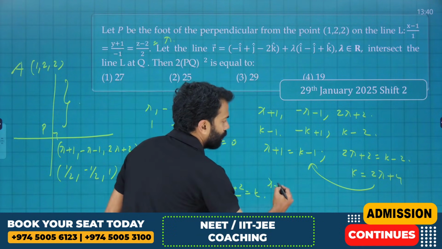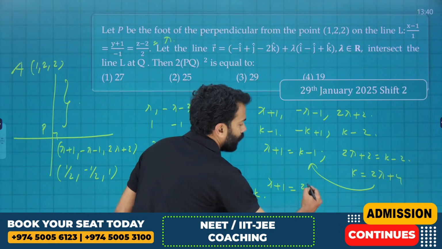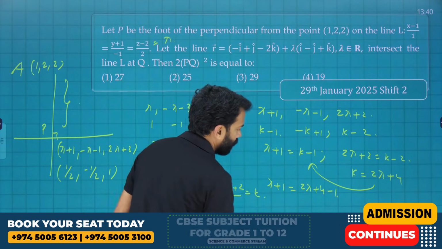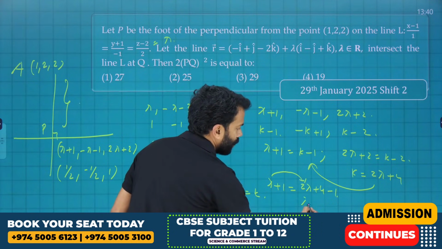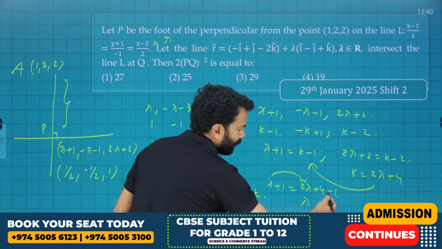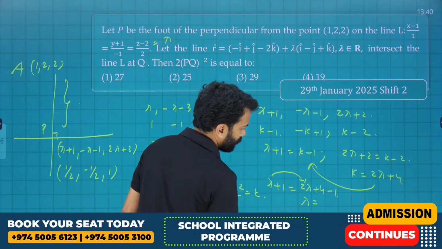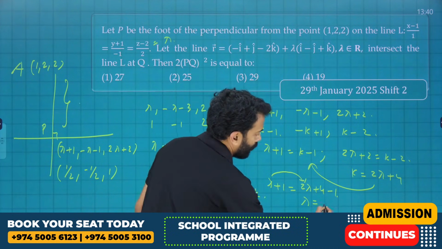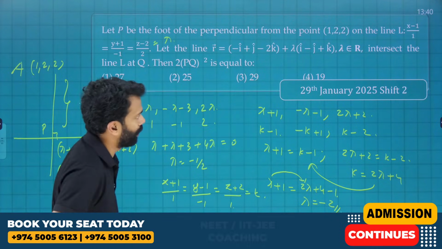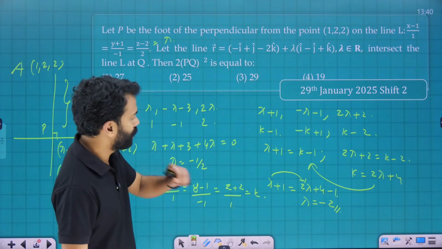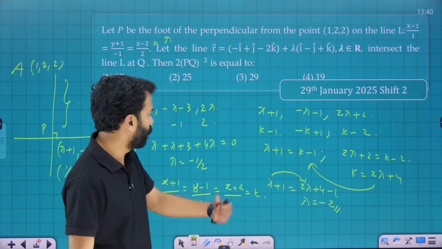That is lambda plus 1 is equal to 2 lambda plus 4 minus 1. That is lambda is equal to minus 2. Minus 2 is the value of lambda. So if you substitute the value here, you will get the point Q.